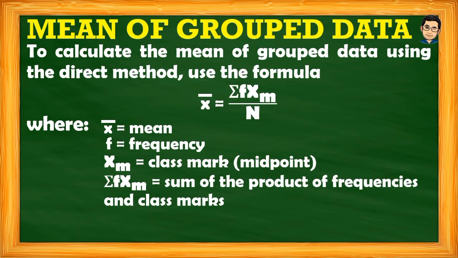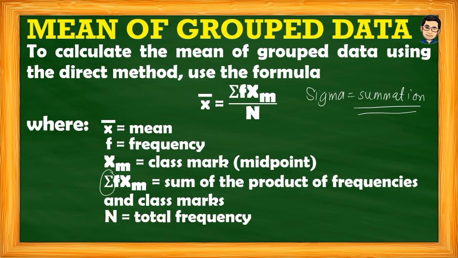Yung sigma, ito pong Greek symbol na yan, ang tinatawag po na sigma. Kapag nakita po natin yung symbol na yan, it means summation. Ibig sabihin, na-add natin yung mga data, yung mga scores. And then, n is the total frequency, total number of students, total number of scores. Basta we're talking about total kapag n.